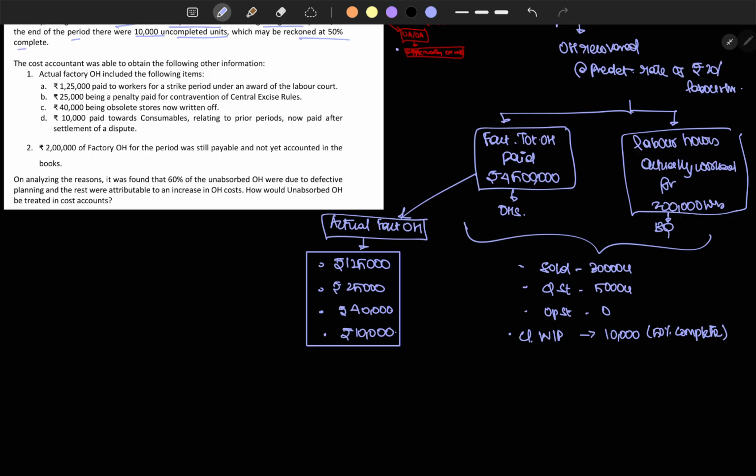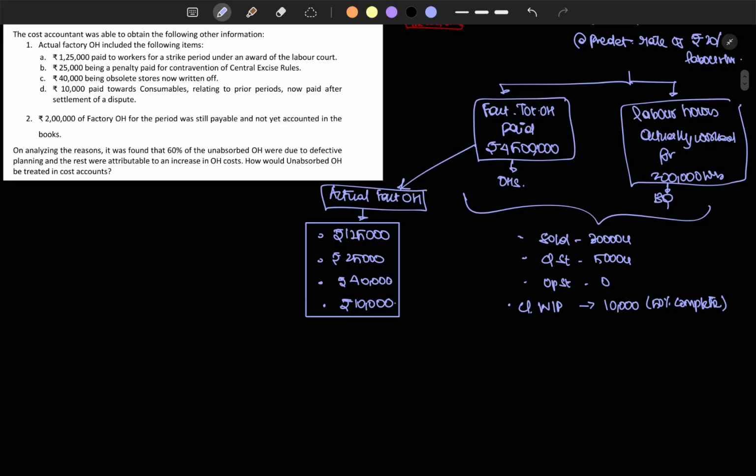And what else is given in the question? 2 lakh of factory overhead for the period was still payable. 2 lakh factory overhead occurred but not paid. It's actually occurred but not paid, and not yet accounted in the books.